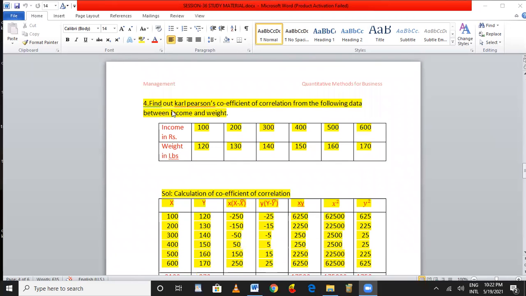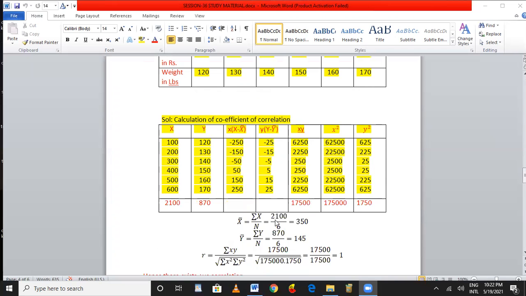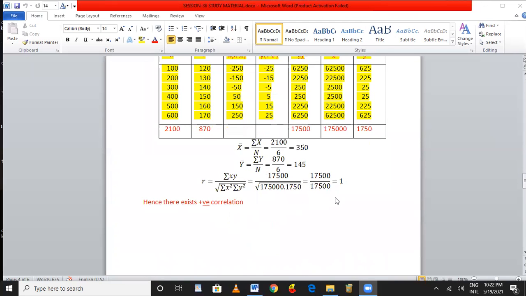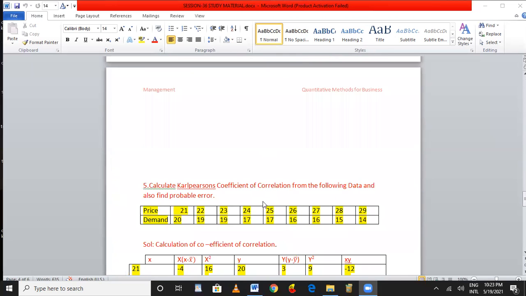In the fourth one, find out Karl Pearson's coefficient of correlation from the following data of income and weight. Income, weight. The correlation coefficient here is equal to 1. There exists a positive correlation, a perfect correlation. Next, we have to calculate the coefficient of correlation between price and demand, as well as find the probable error.